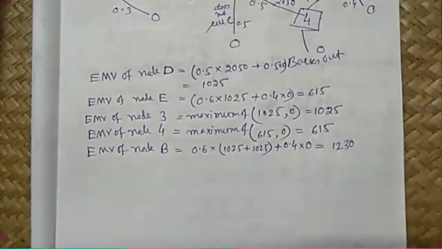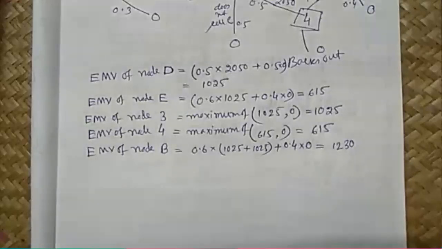Now at B, look very carefully. When we are calculating EMV of node B, there are two chances. With 0.6 he can sell B. If he sells B, then his profit is 1025, and because of the next step, because of selling C, he gets his payoff again 1025.